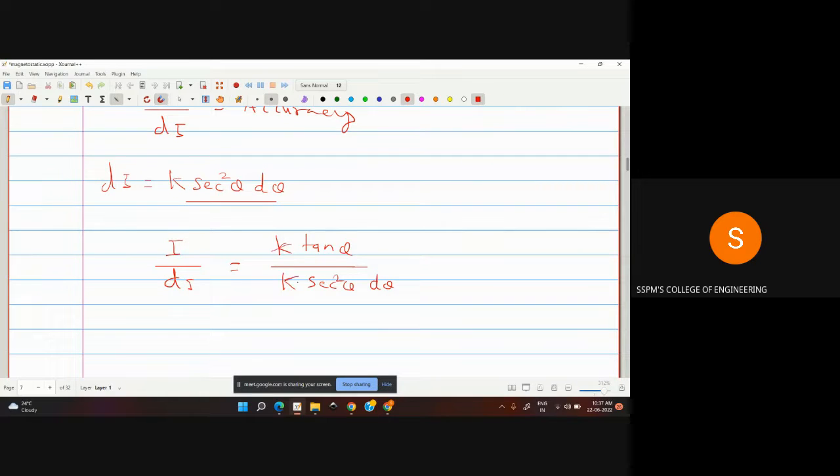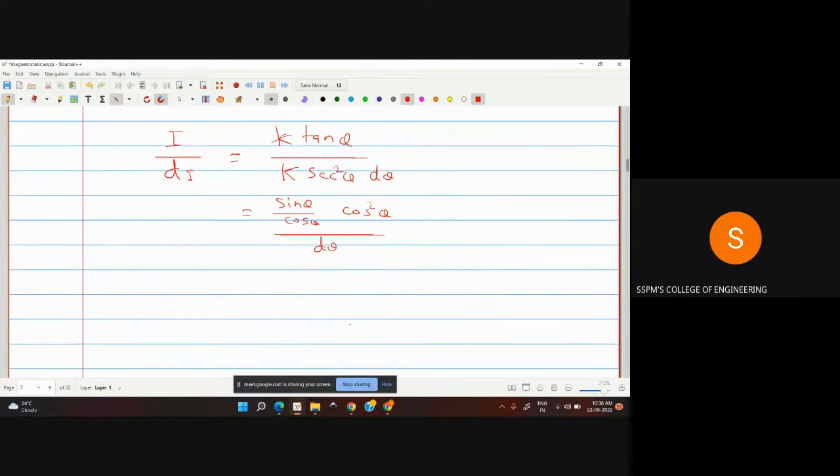K will cancel, and you know tan theta is sin theta upon cos theta, and 1 upon sec square theta is cos square theta divided by d theta. Isn't it? Now use the trigonometric relation to solve this example.